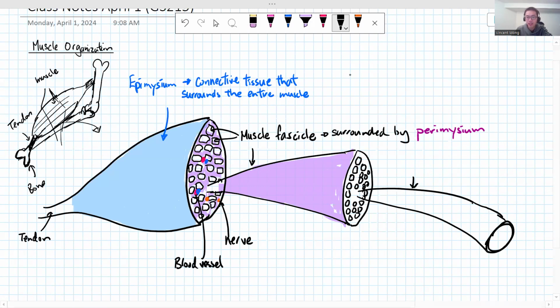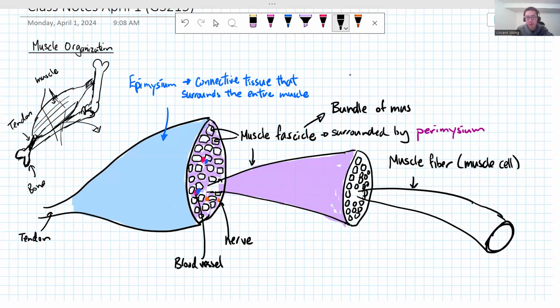This here is a muscle fiber, which actually is another word for muscle cell. So a muscle fascicle, now we know, is a bundle of muscle fibers.